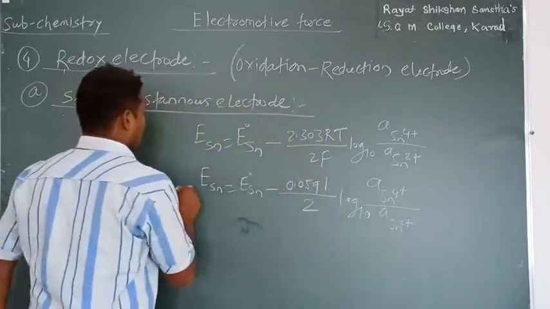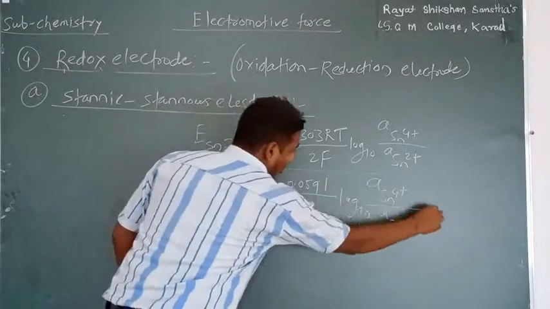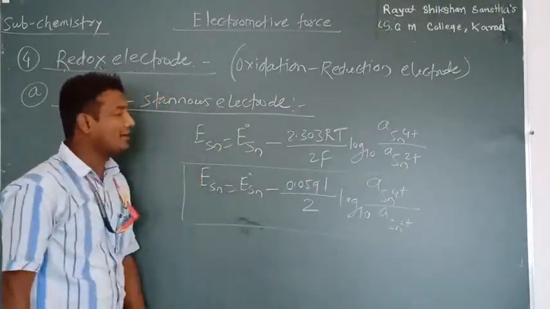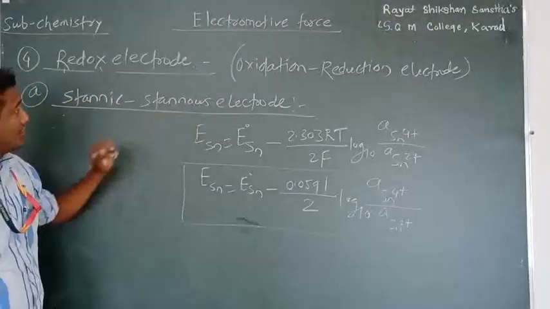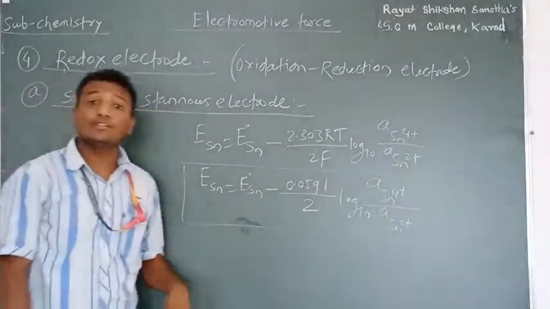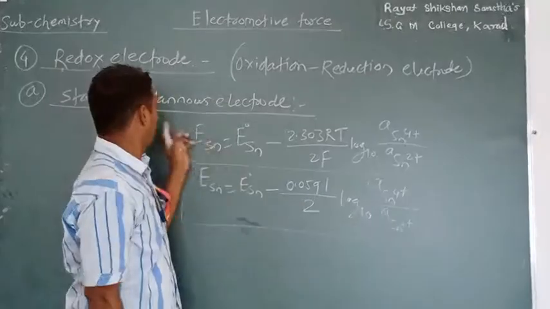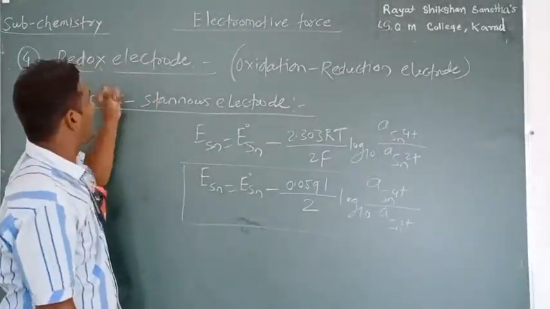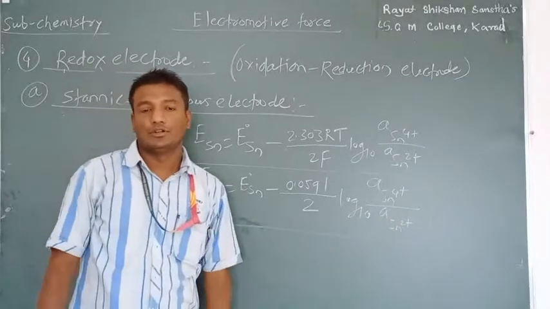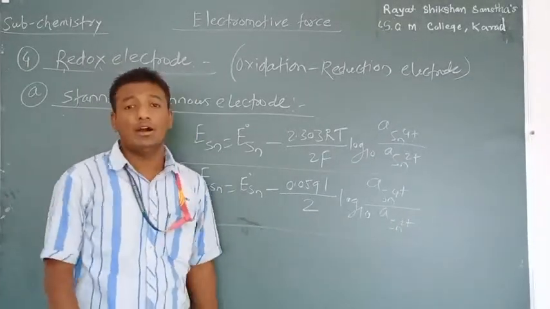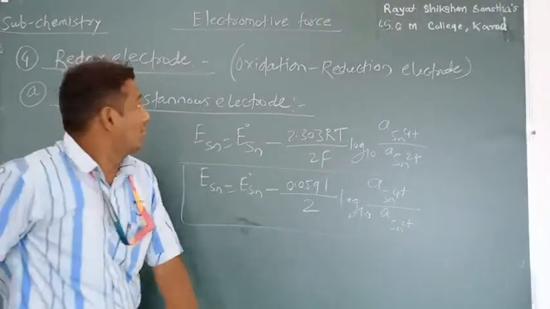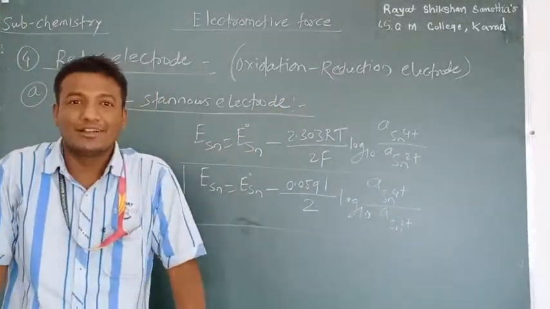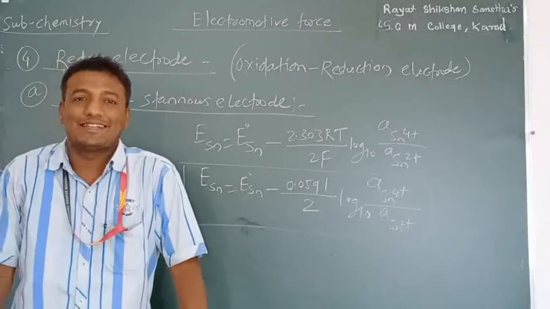By using both these equations, we can determine the potential of the stannic stannous electrode. This is the second example of a redox electrode. So today we saw the redox electrode, that is nothing but the oxidation reduction electrode. Hope you got everything from my lecture. Thank you very much.